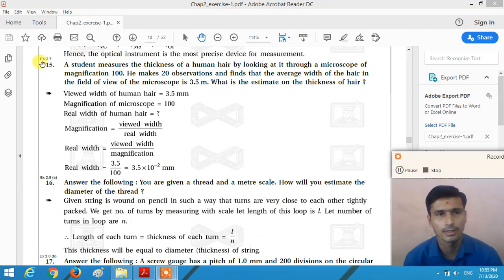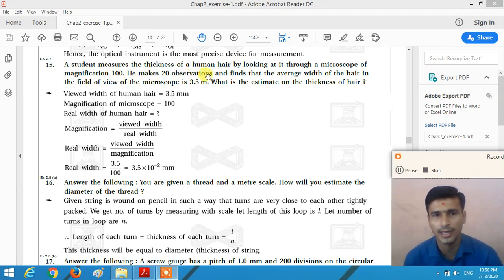Now exercise question number 2.7. A student measures the thickness of a human hair by looking at it through a microscope of magnification 100, right?